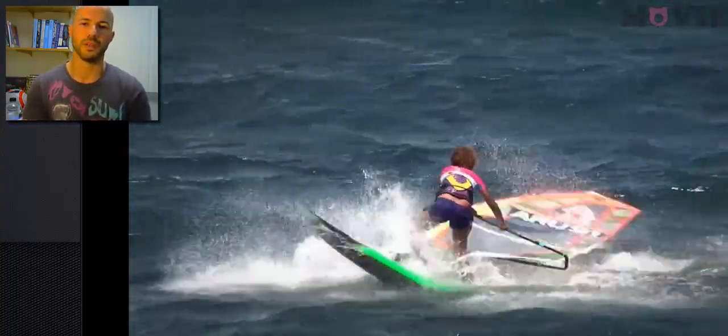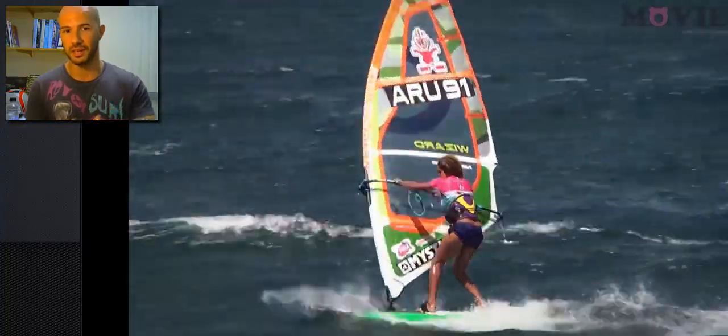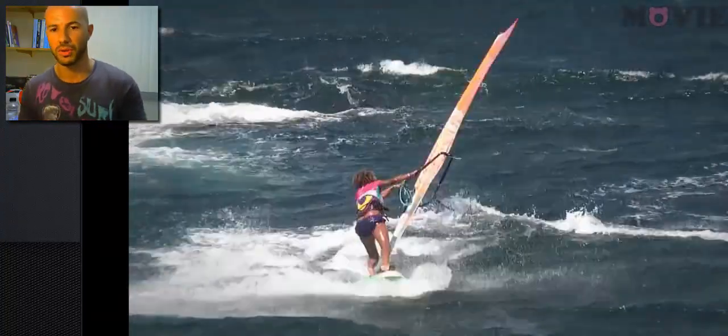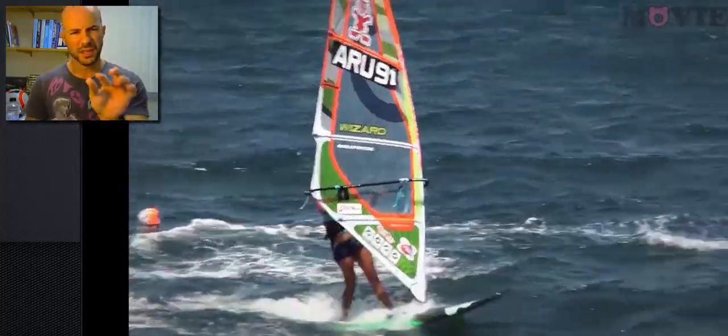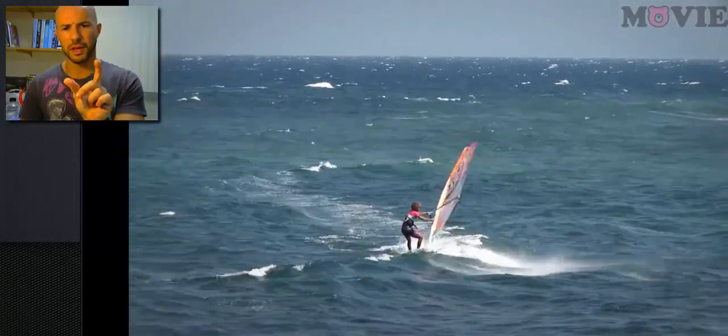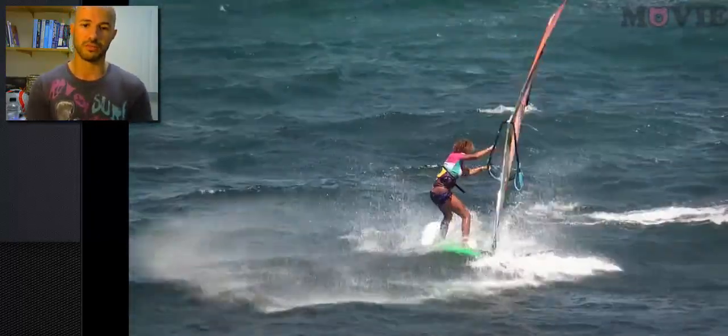This stuff happens when you spend years on the board, when you spend the right amount of years at the right time, starting from childhood, and then this level can actually be achieved. You still have to perform all of them right away so that you can actually pull off the moves.